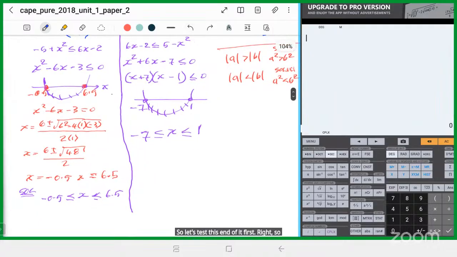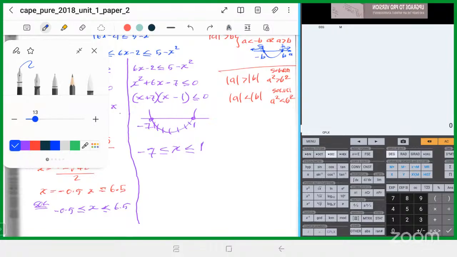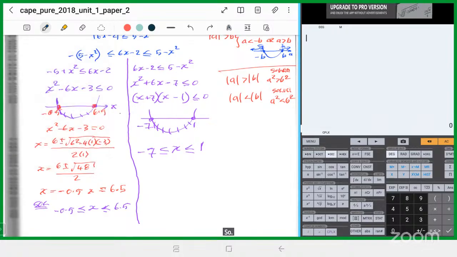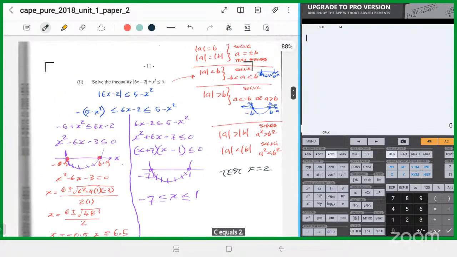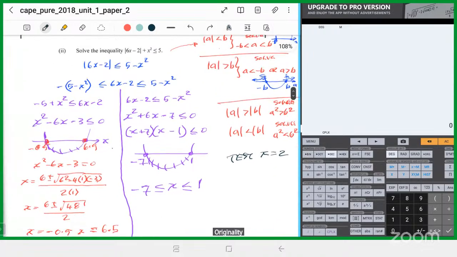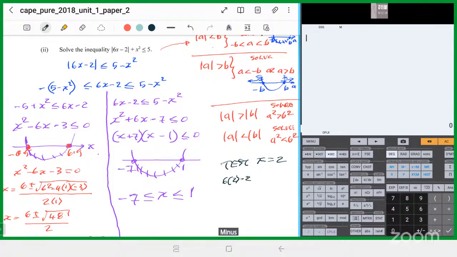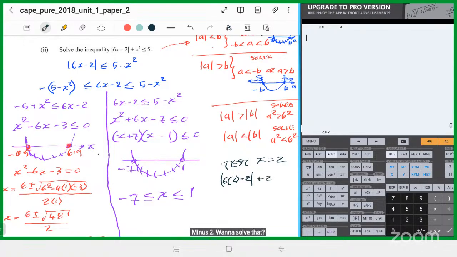So we're gonna test, let me do the test in black for you. We're gonna test x equals 2. We're testing it on the original up here. So if we test 2, it's gonna be 6 times 2 minus 2, modulus of that, plus 2 squared.